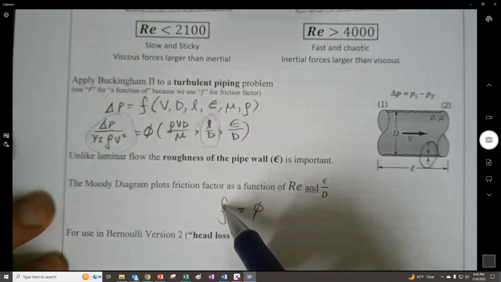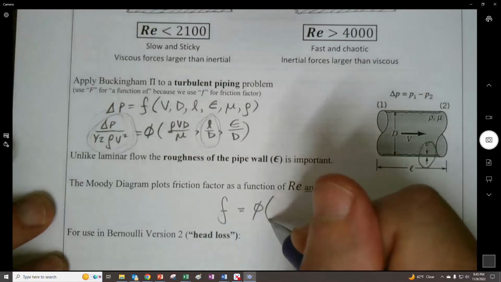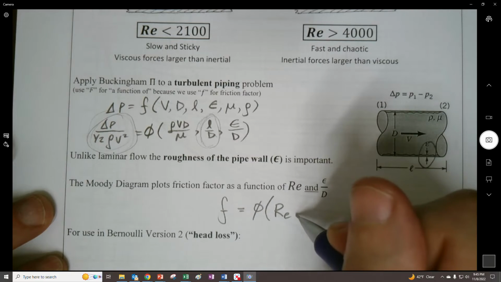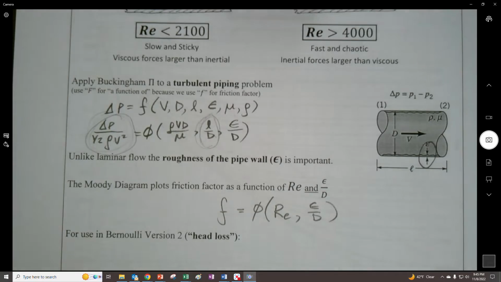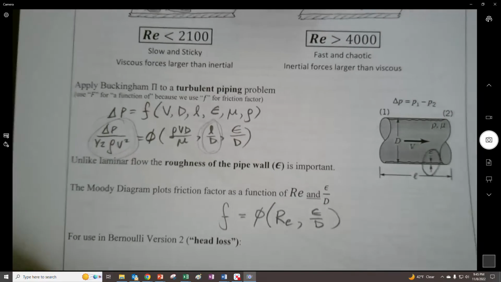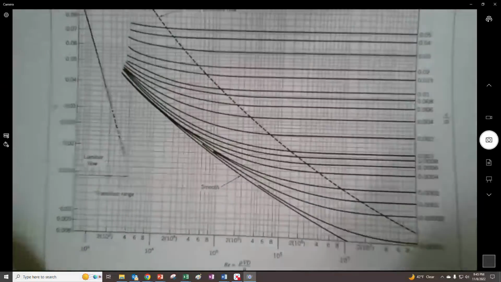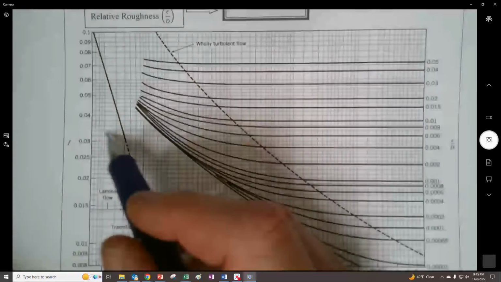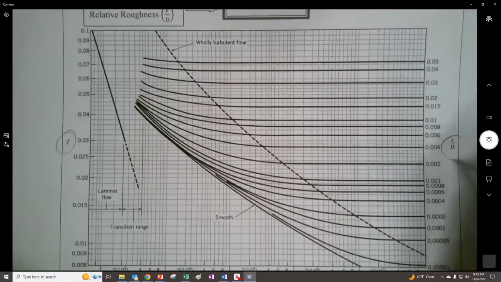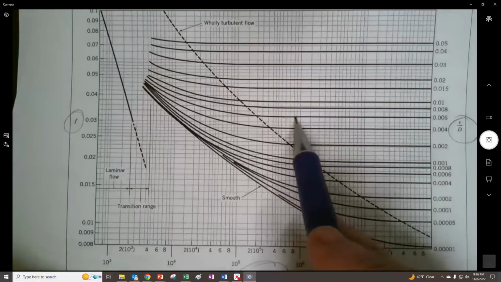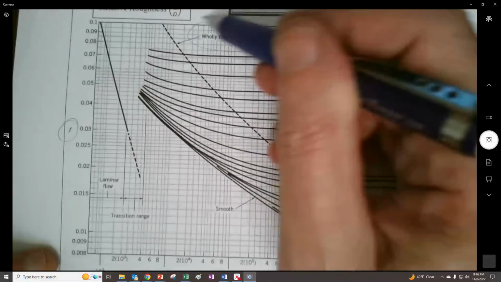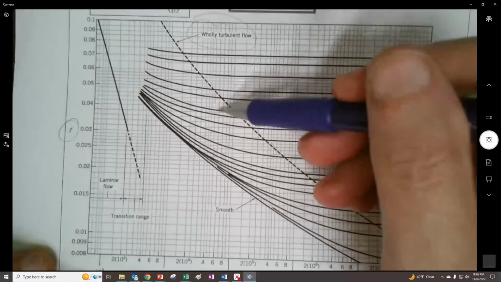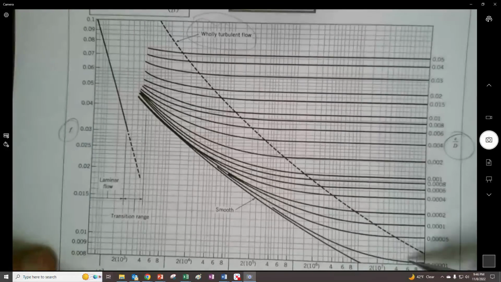We combine them together to make the Darcy friction factor, and it depends on Reynolds number and the roughness ratio. Here's your Moody diagram, and you can see we have Reynolds number, the Darcy friction factor, and roughness. It becomes constant after the wholly turbulent flow region. When it's completely turbulent, there's no amount of laminar influence at all.